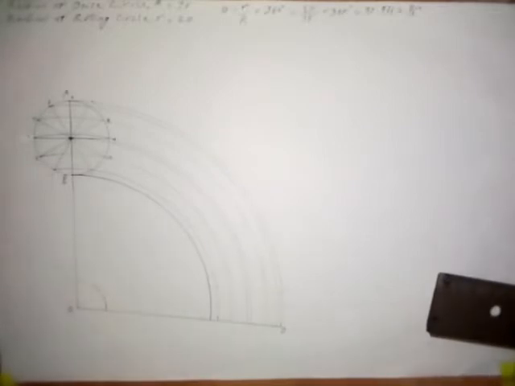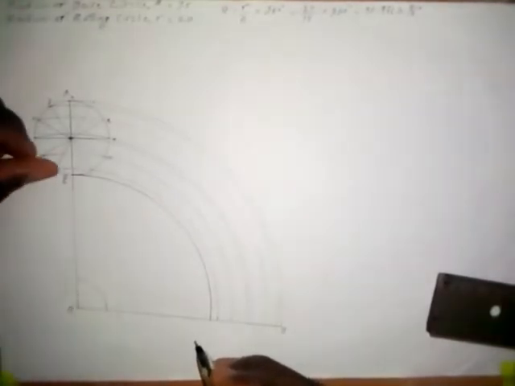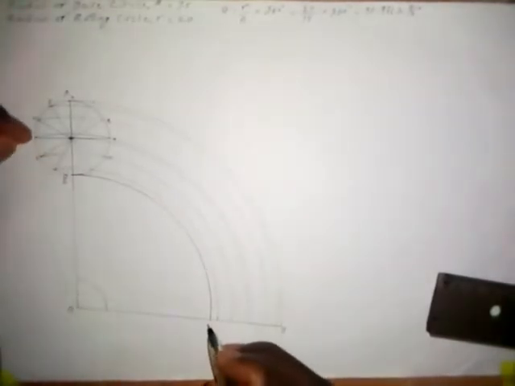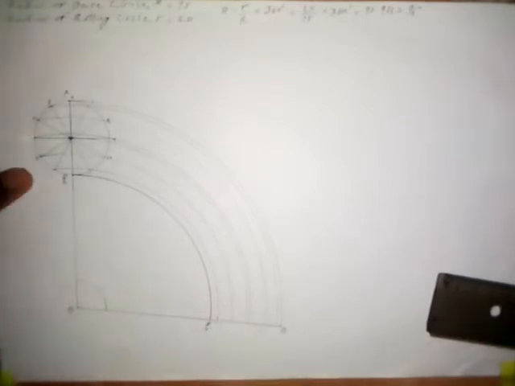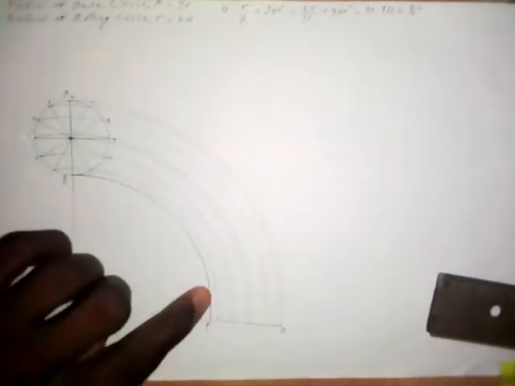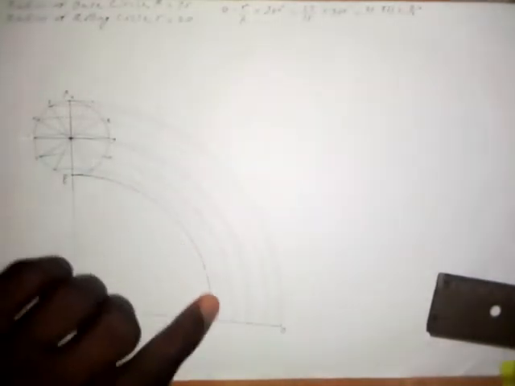Okay, the next thing that we are going to do: label this point P0. Come to this point also here and call this P0. This arc P0 to P0, which is for the base circle, we are going to divide into 12 equal parts.